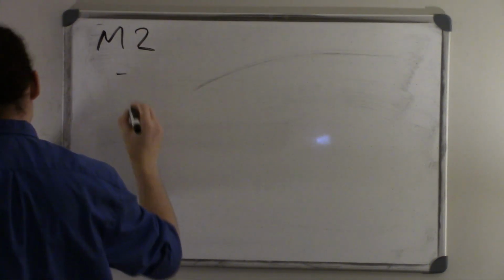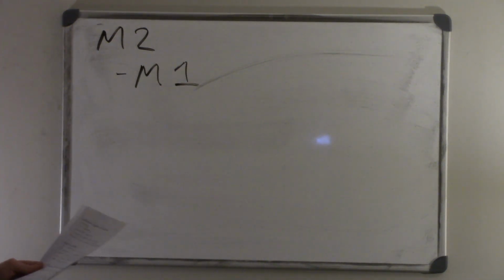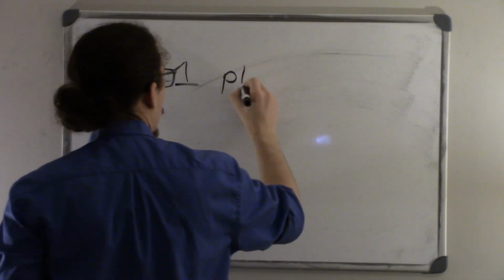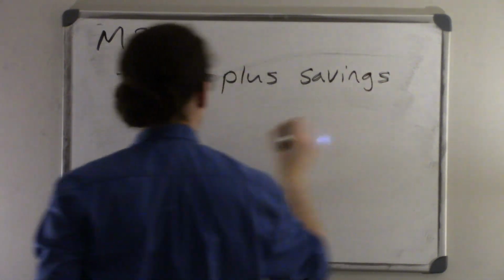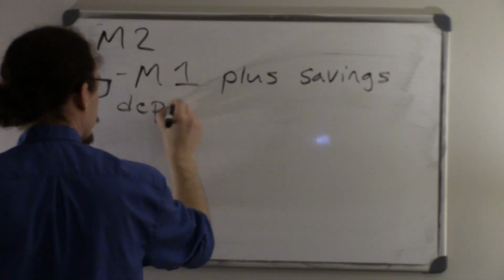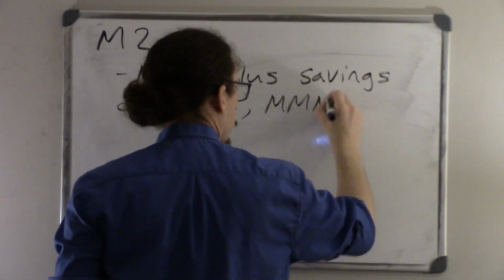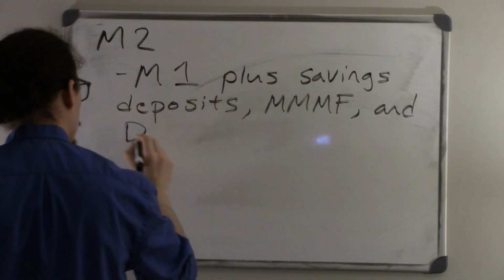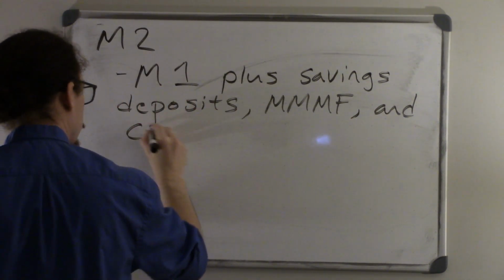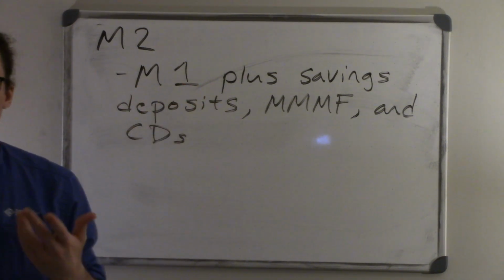And then the last one is M2. This is M1, so currency and checkable deposits, plus savings deposits, money market mutual funds, and CDs.